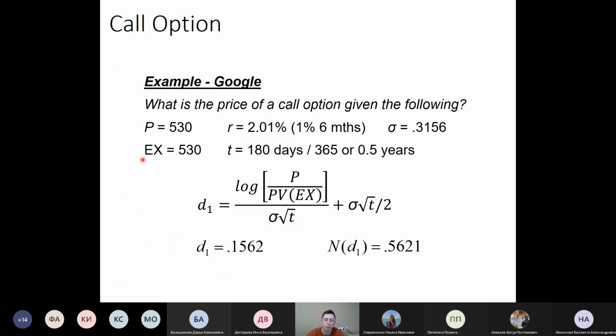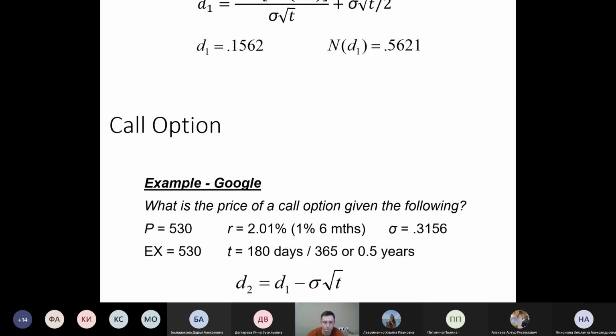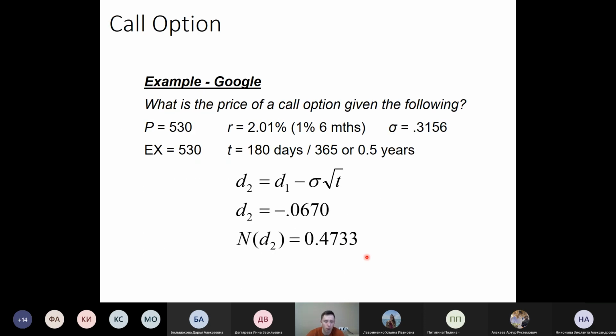So for this number of standard deviations above the mean, the probability that it would happen is equal to this number. Then we would re-estimate D2 and apply the same thing. If D2 is negative, then the number is negative, and we go below 0.5.